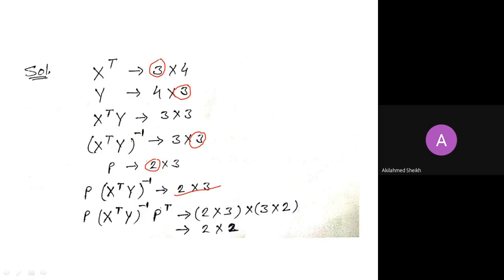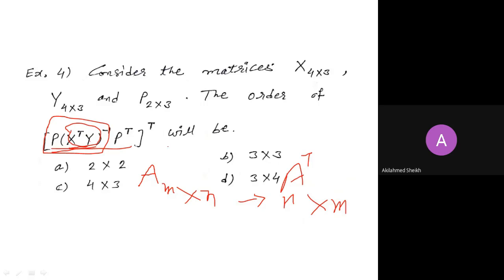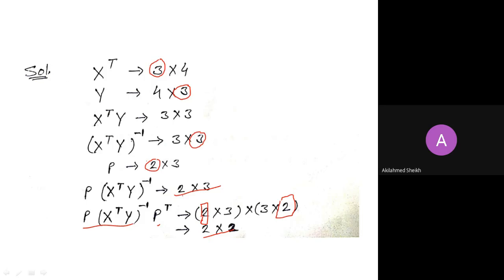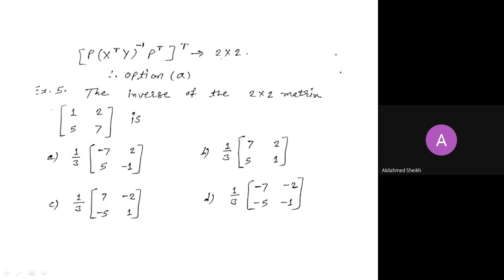Next, multiplying by P transpose: the order of this term is 2 by 3, into the order of P transpose, 3 by 2. The rows of the first matrix are 2 and the columns of the second matrix are 2. So after multiplying these matrices we get 2 by 2. Next we have to find its transpose. The transpose of a 2 by 2 matrix is again 2 by 2. So the option is correct.